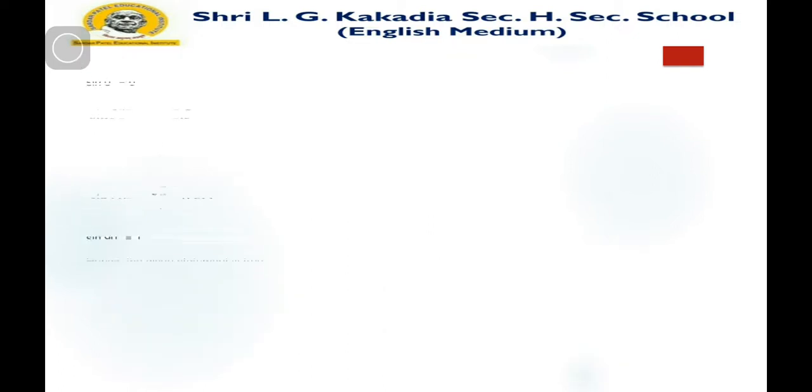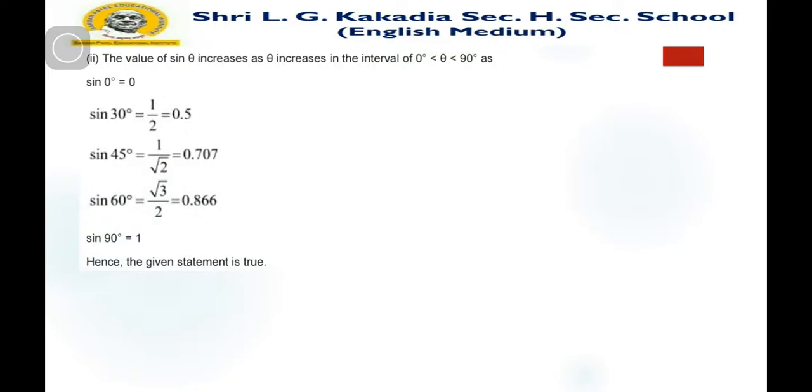Next statement: the value of sin theta increases as theta increases in the interval 0 less than theta less than 90. We want to check this for sin theta. Let us start from 0 with specific values. Sin 0 is equal to 0. Sin 30 is 1 over 2, which is 0.5. Sin 45 is equal to 1 over square root 2, which is 0.707.